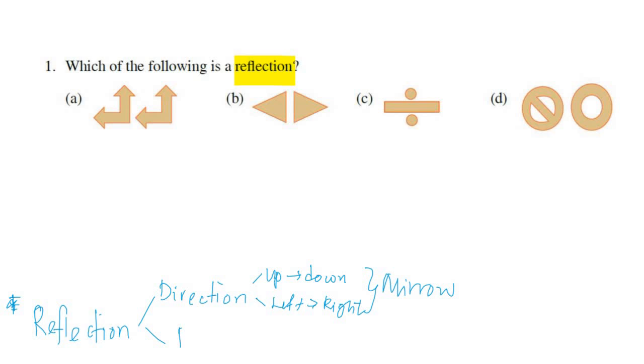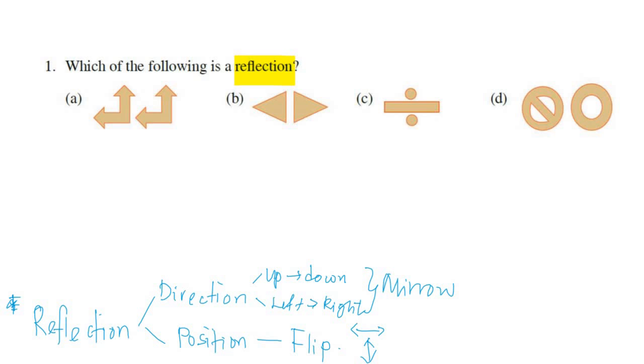Another thing is the change in position. The image and object will be something like a flip. You flip the image and object from left to right, or maybe you flip it up and down.